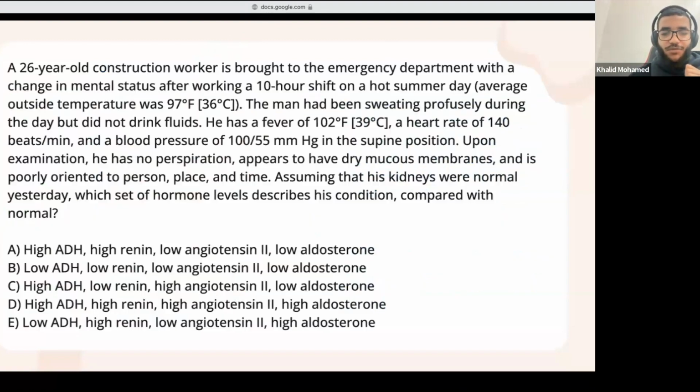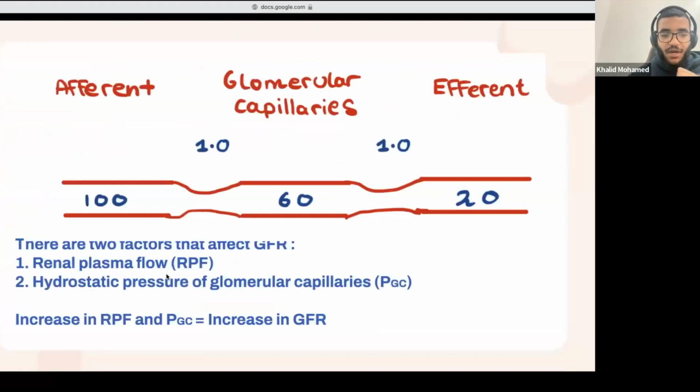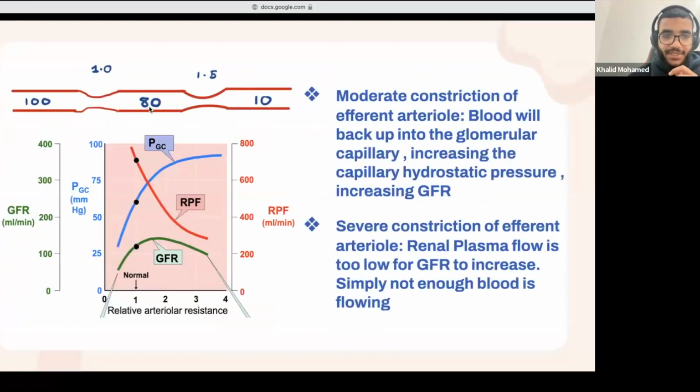Because, as we said, the two factors determining GFR are the renal plasma flow and the hydrostatic pressure of the glomerular capillary. An increase in renal plasma flow and hydrostatic glomerular capillary pressure will increase GFR. Okay, so here we increased the pressure because we closed the exit and the blood backed up over here. So the hydrostatic pressure here will increase and GFR will increase.